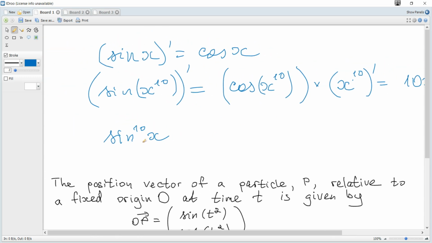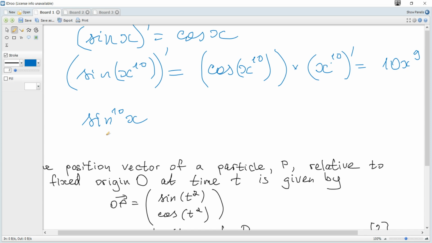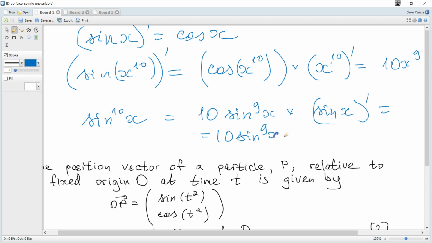But here you can see that sine is to the power of 10, its function is to some power, and here we apply the same rule as for x to the power of 10, but we write sine instead of x, so it becomes 10 sine to the power of 9, multiplied by the sine x derivative. So finally it's 10 sine to the power of 9 of x multiplied by cosine of x.